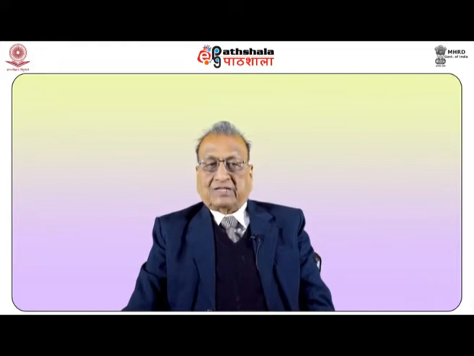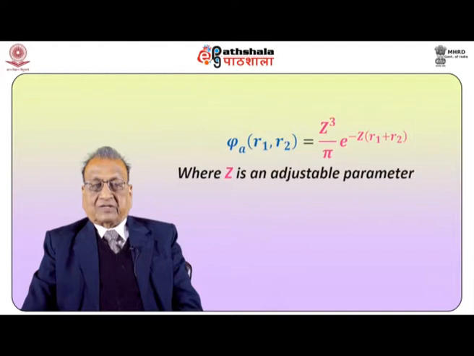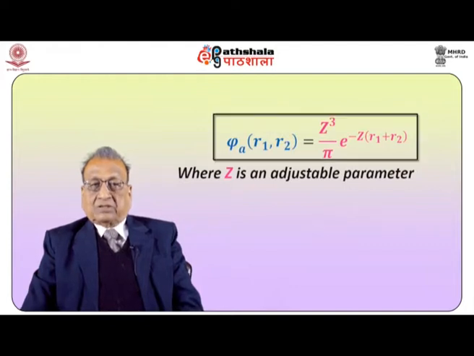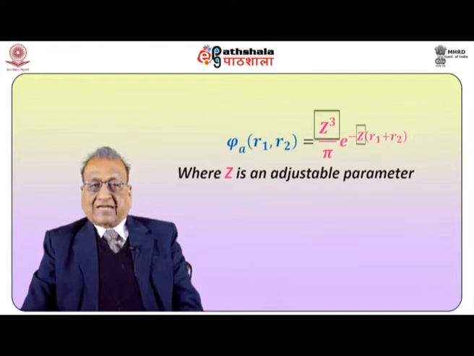For this purpose, we take guidance from the hydrogen atom, and we write the approximate wave function as before, the only thing is we choose the charge as an unknown adjustable parameter and go ahead with the solution of the Schrodinger equation with this approximate wave function.